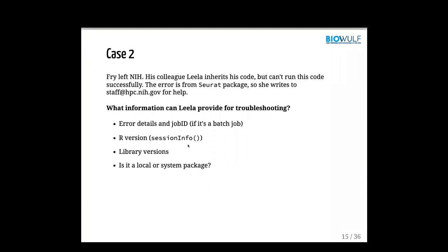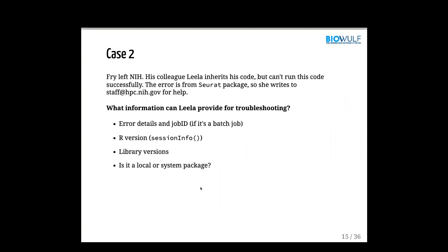So one thing Lila can do is switch to a different version to see if the error is repeatable. Besides, Lila could send the R library version, and occasionally updating to a newer version of that R package would solve the problem.